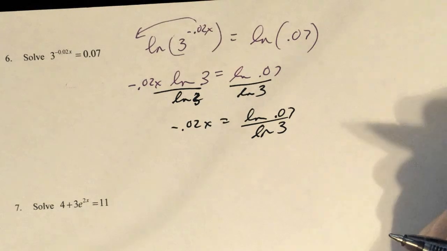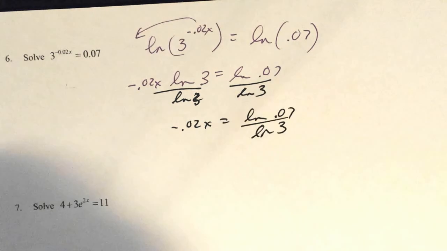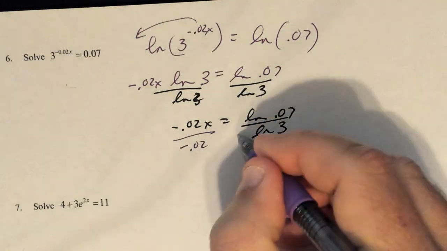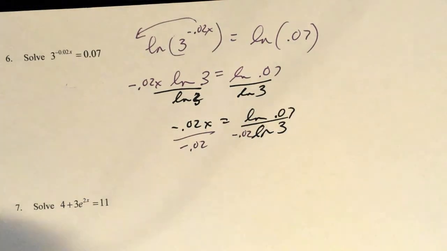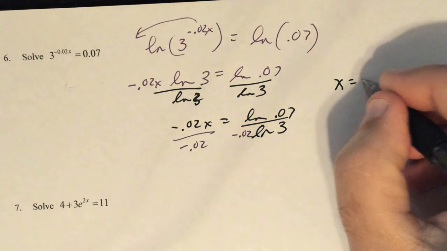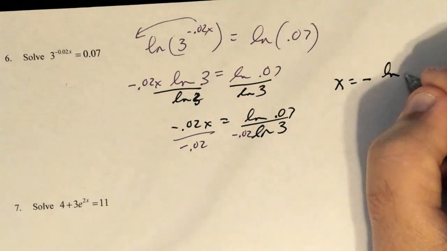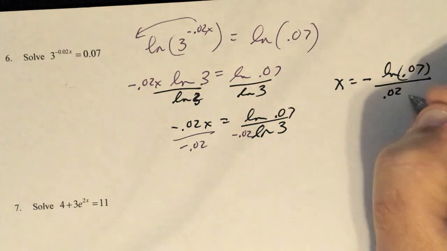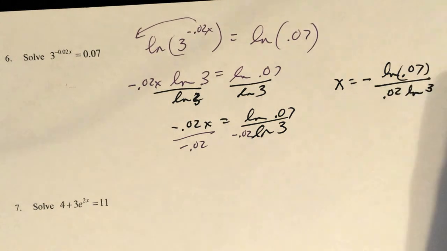And I still have to get x by itself, which means I'm going to divide both sides by negative 0.02. And we're going to get an exact value of negative natural log of 0.07 over 0.02 natural log of 3.